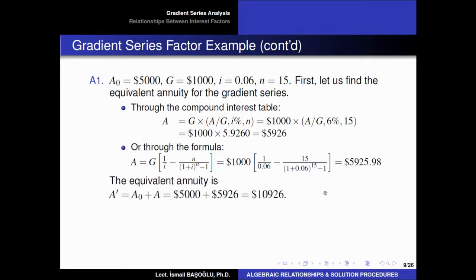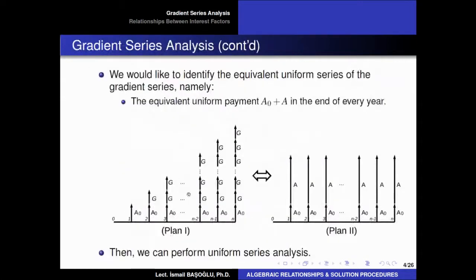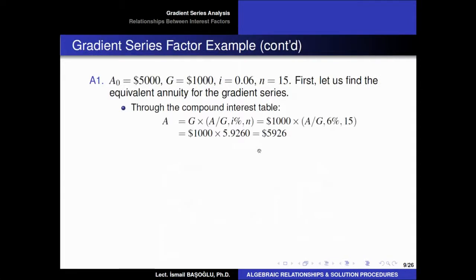Which means, my friends, instead of observing a $1,000 gradient increase at the end of every year compared to the previous year, we can take $5,926 at the end of every year at a constant amount. And both plans are going to be equivalent under the interest rate of 6%.